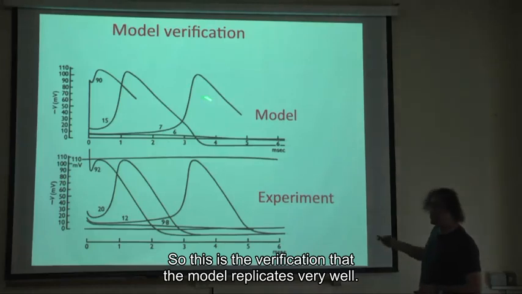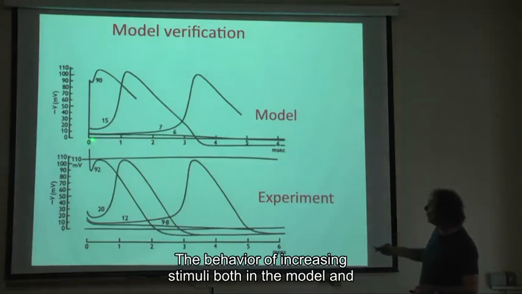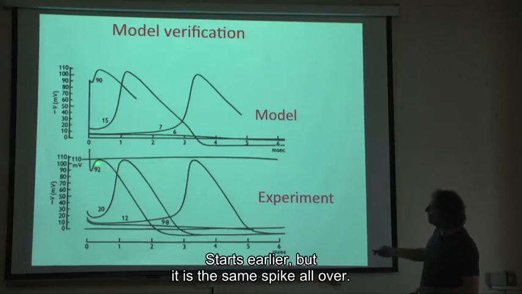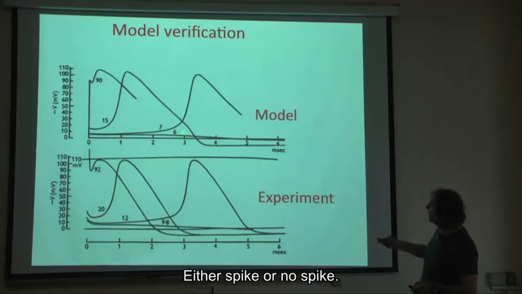So this is a verification that the model replicates very well the behavior of increasing stimuli, both in the model and in the experiment. The spikes move to the left, start earlier, but it is the same spike all over, either a spike or no spike.